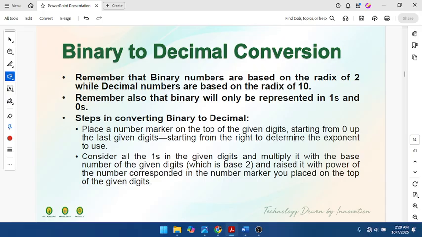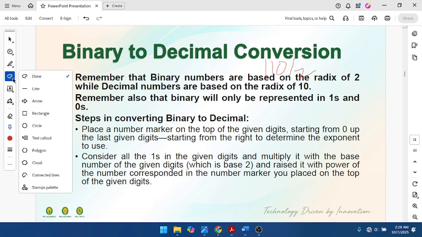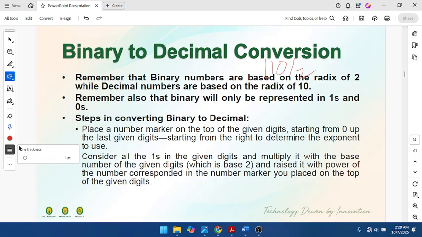So for example, let's convert 1101 base 2. For the first rule, we assign values to the number positions.